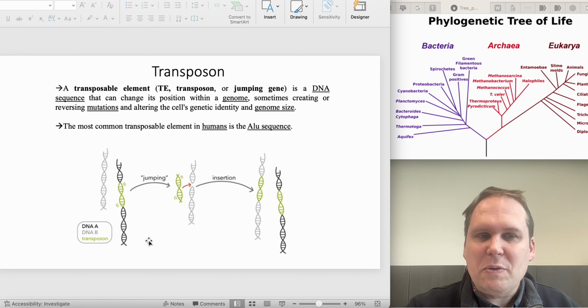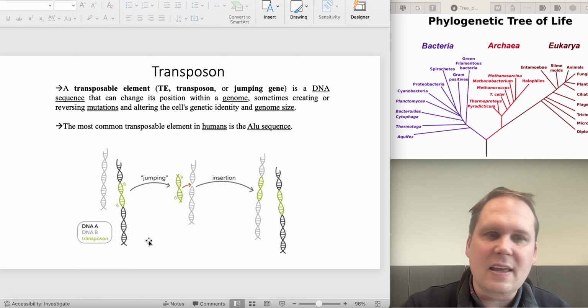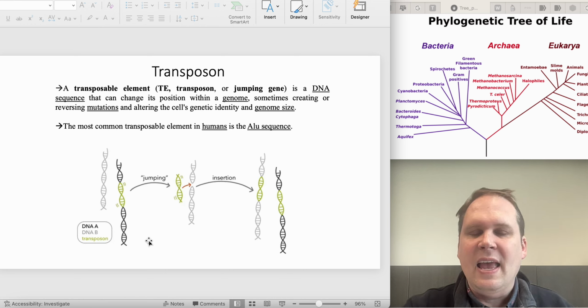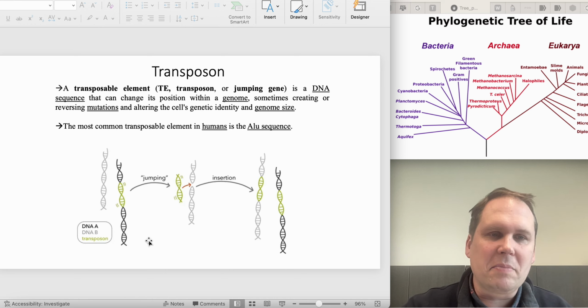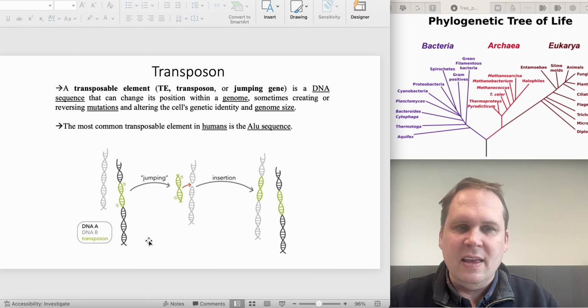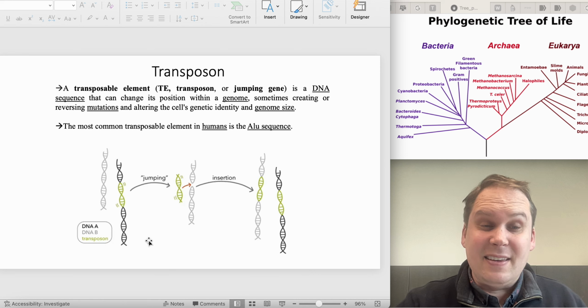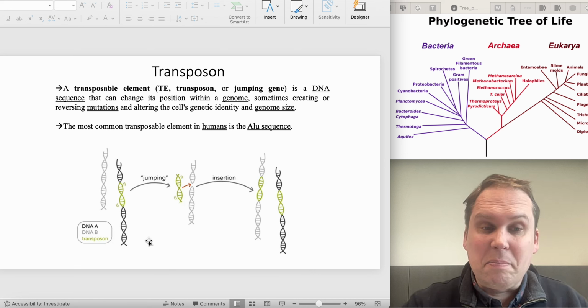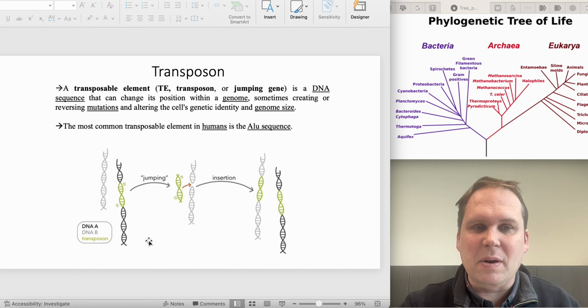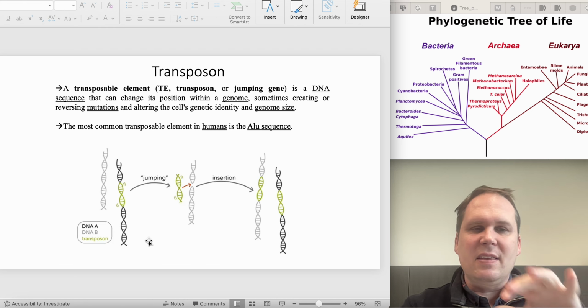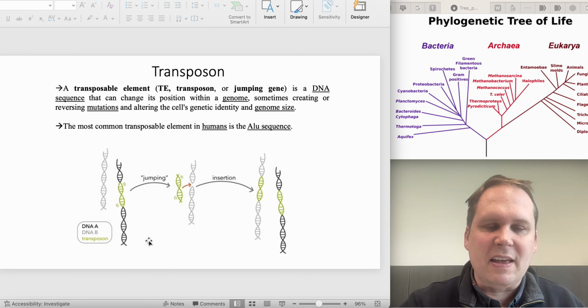There are also transposons, and these are little sequences that are able to insert themselves into DNA, cut themselves out of DNA, and jump from one place to another within DNA. I forget the statistic. It's something like 1 in 300 births, or maybe it was 1,000 human live births, you would have one of these transposon jumping events.